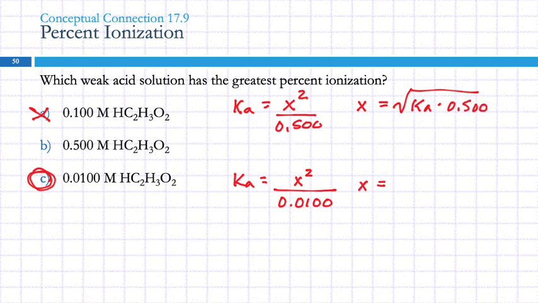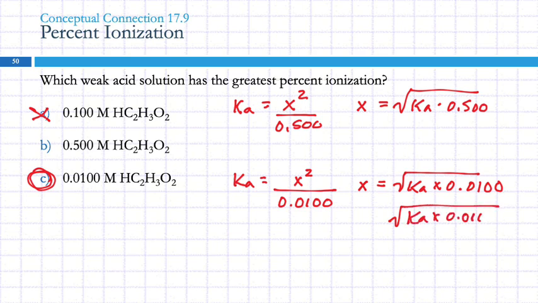And here, x is going to be the square root of Ka times 0.0100. The percent ionization then is going to be the H divided by the concentration. I don't know if this is going to turn out to be helpful at all or not. We will find out.